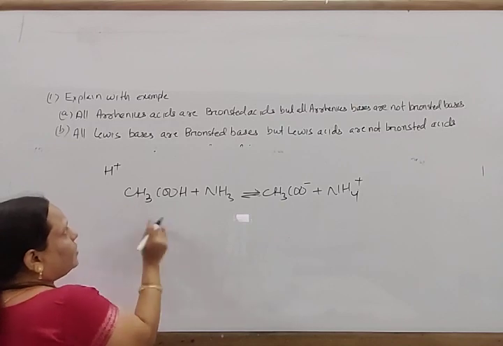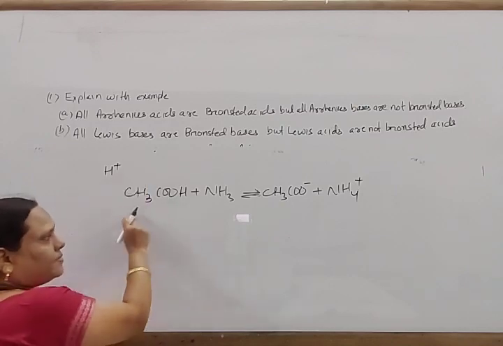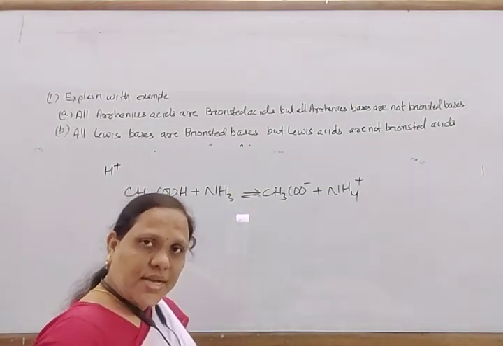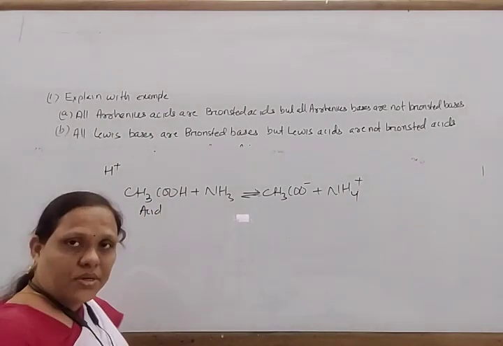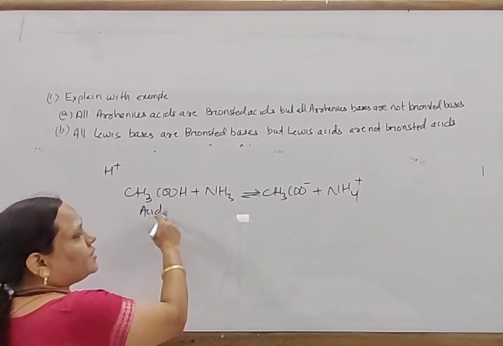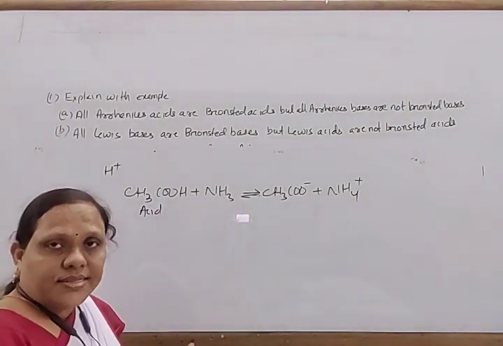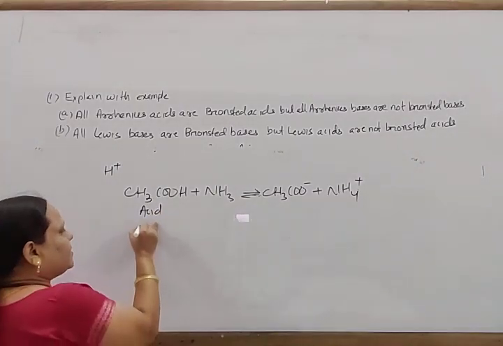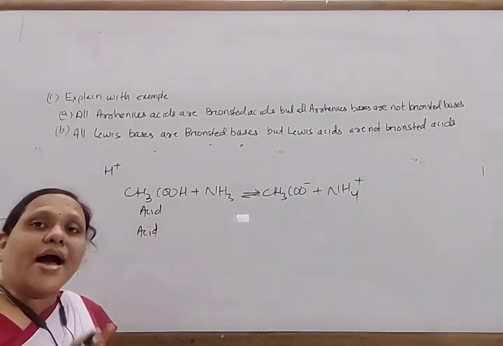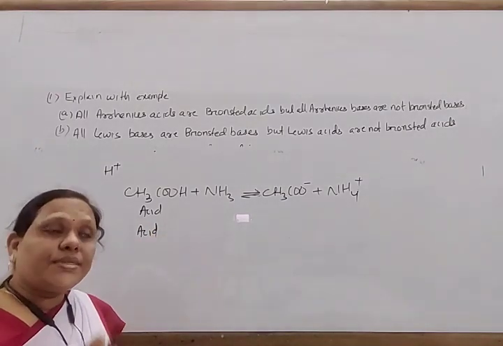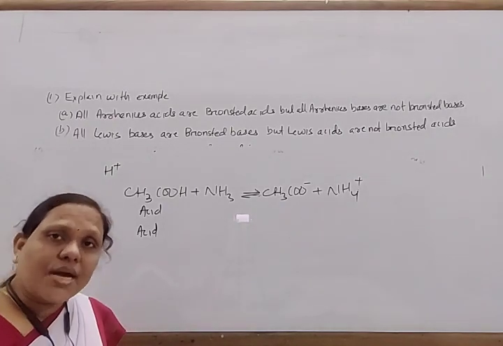Look here, according to Arrhenius theory, any species which gives H plus ion is known as acid. So this is an acid. And according to the Lowry-Bronsted concept also, which gives H plus ion is known as acid. So this is an acid according to both concepts. But according to the Arrhenius concept, which gives OH minus ion is known as base.